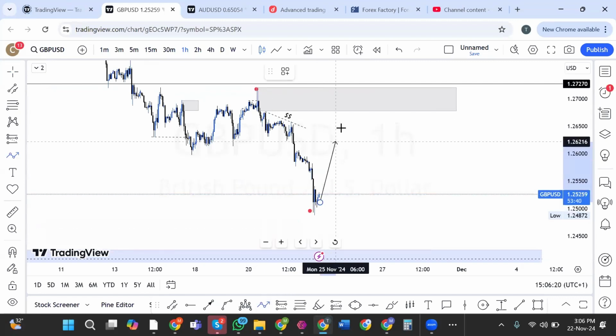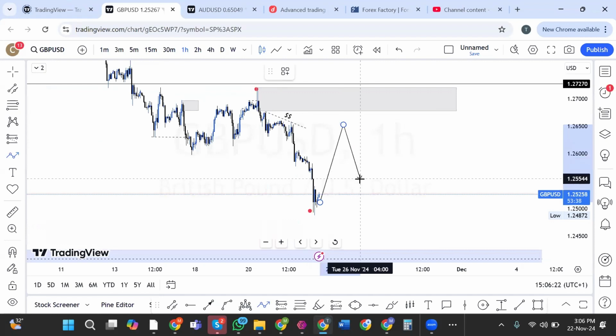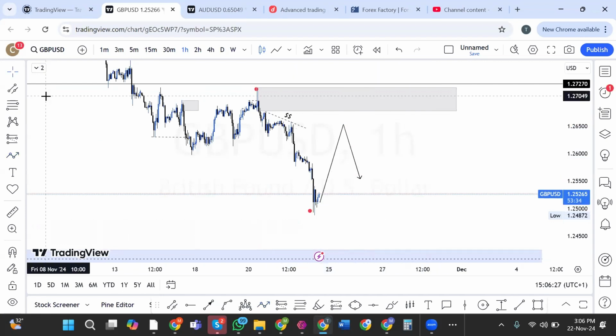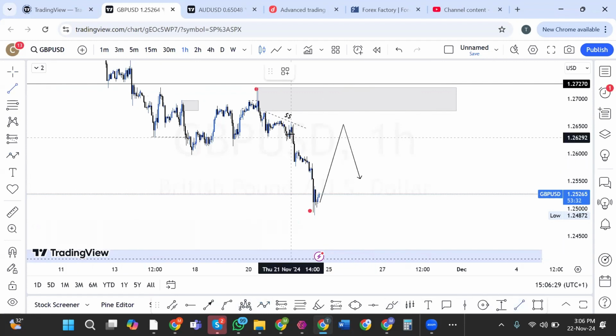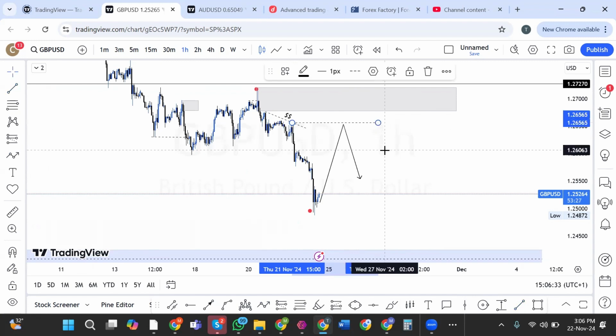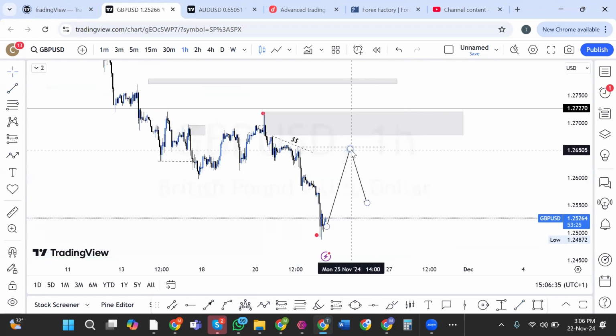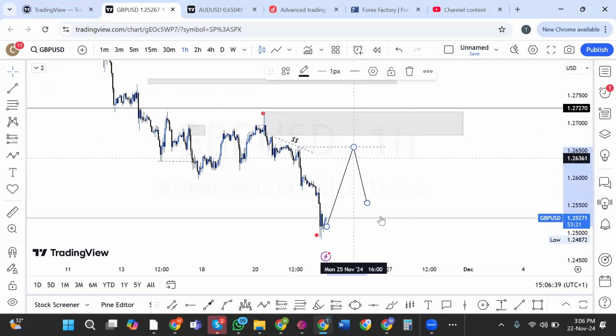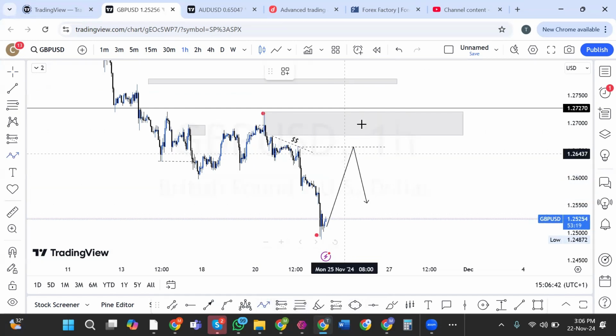If you see a move like this, then the reaction is going to make more sense because this is now going to give us a double top liquidity. Market respects this more often than not. If you don't see this kind of setup, then it makes more sense why we expect this zone to go.